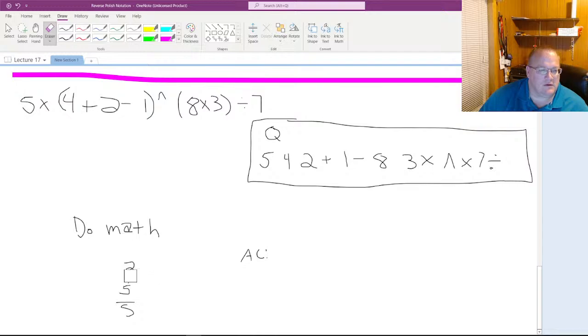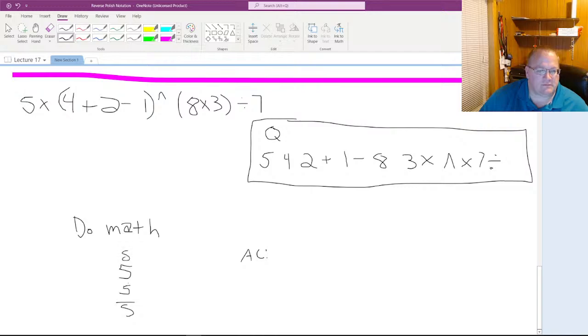So 4 plus 2 is 6. Put the 6 on the stack. Then we see a 1, push on the stack. We see a minus. So then we go 6 minus 1. We pop those two things off, 6 minus 1, and that is 5. So we push 5 on the stack.